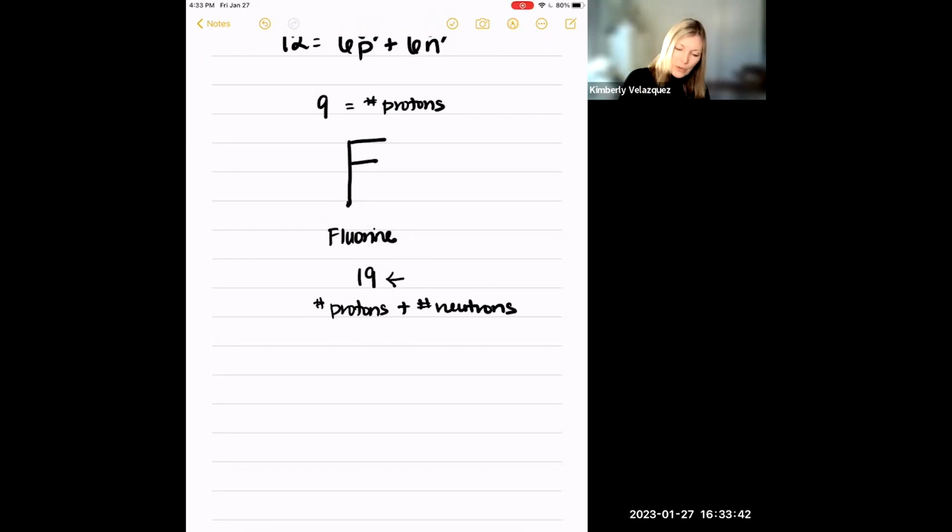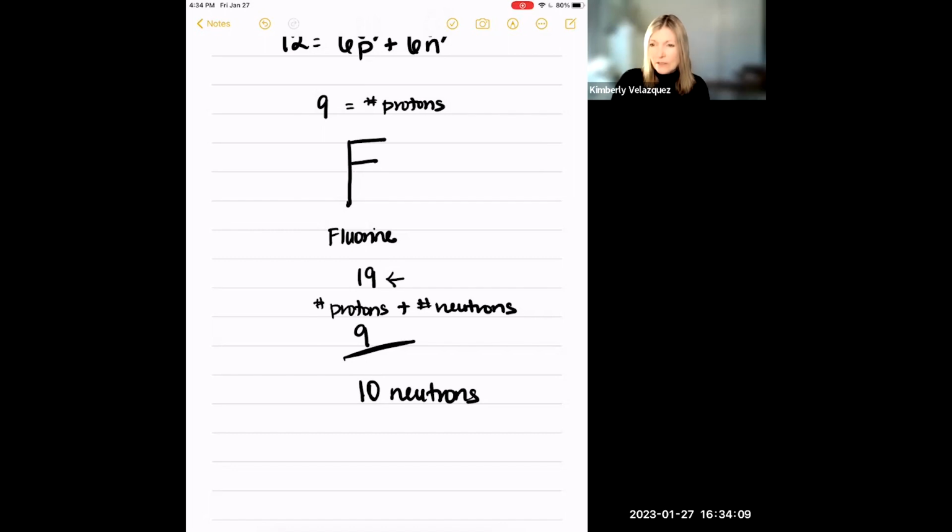And we know the number of protons is 9. So to get the number of neutrons, we just have to subtract: 19 minus 9 is 10. That means there are 10 neutrons in the nucleus of fluorine. Protons and neutrons are not equal in an atom. Sometimes they are, but they don't have to be.